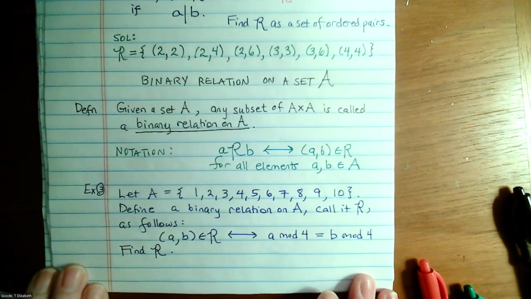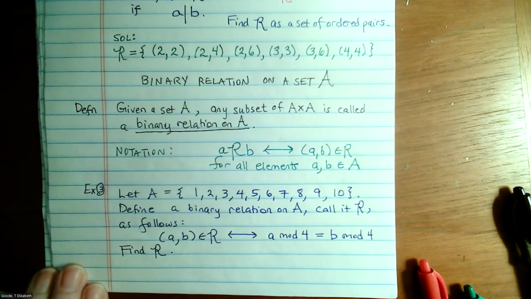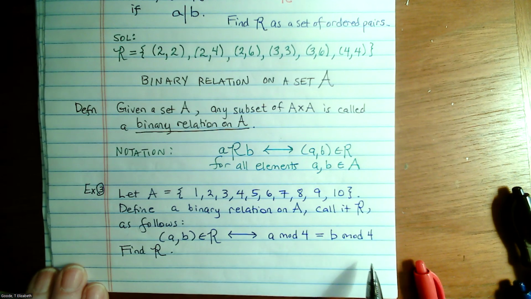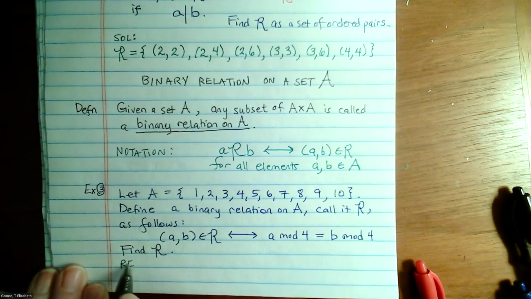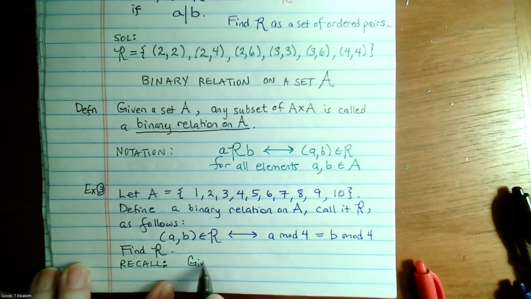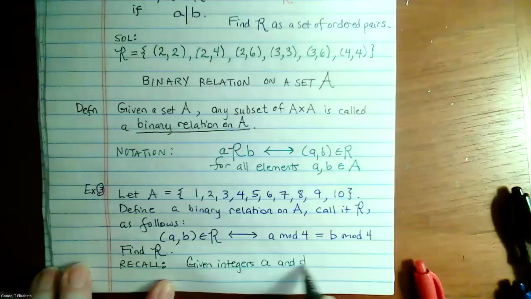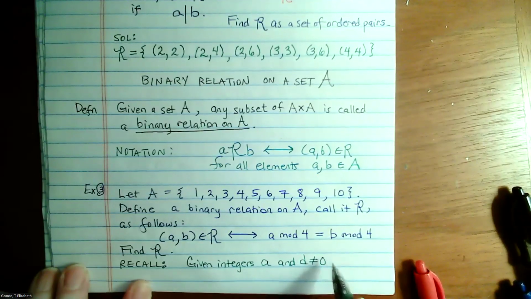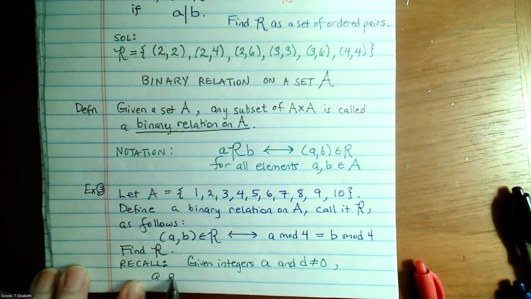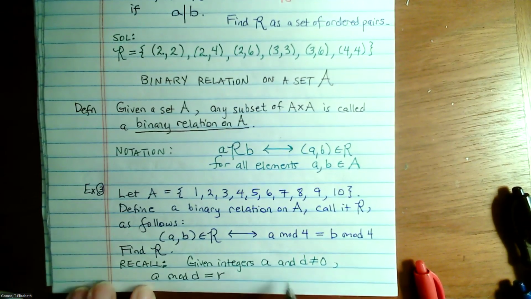And let's just review what a mod d looks like. Just recall, if we're given integers a and d, d not equal to 0, because that's our divisor, a mod d is equal to the remainder r.